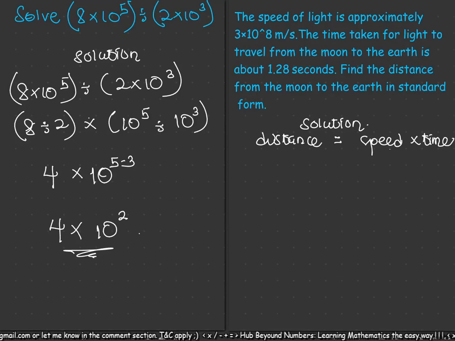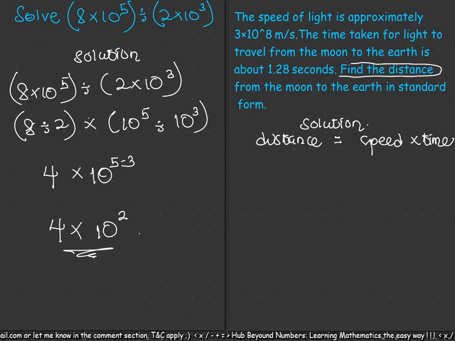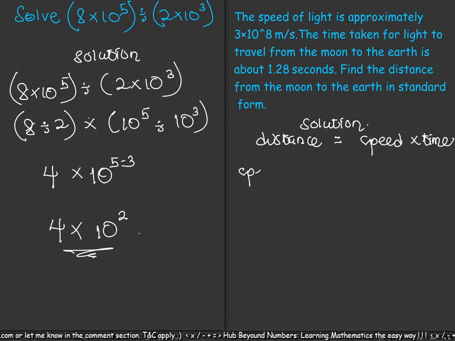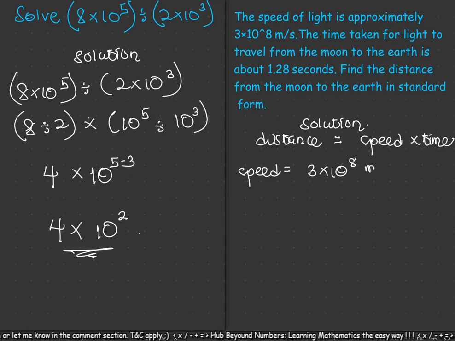You see, distance is speed times time. And the question has asked us to look for what? The distance. From the question, we know our speed was what? 3 times 10 to the power 8 meters per second. And then we've also been given our time.